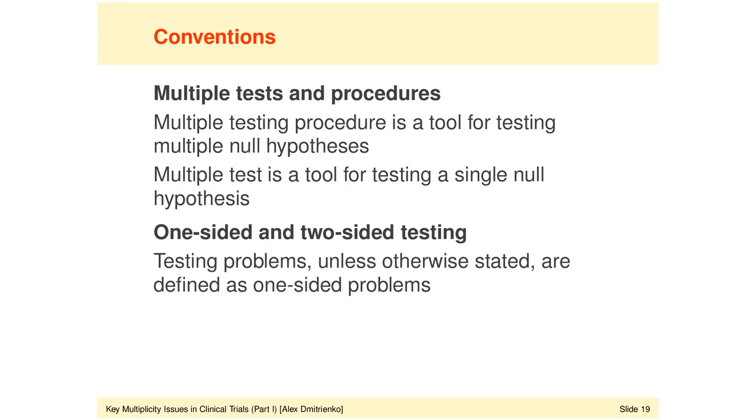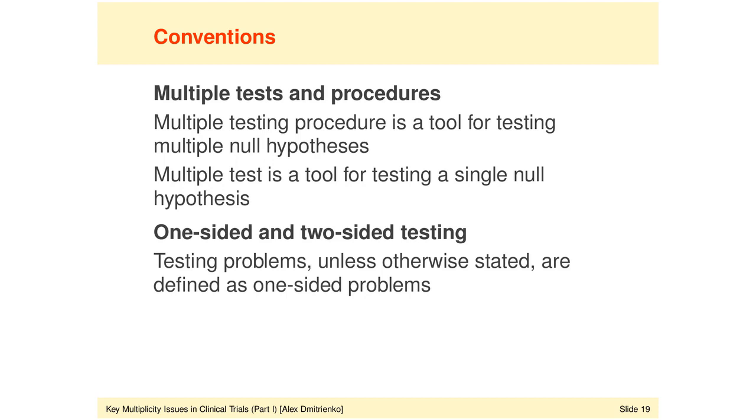And by contrast, a test is a tool for testing a single null hypothesis. For example, when we have a single null hypothesis, we will apply a test, but when we have a testing problem involving a family of, say, 2, 3, 4, 5 hypotheses, then it would be appropriate to apply a multiple testing procedure rather than a test.